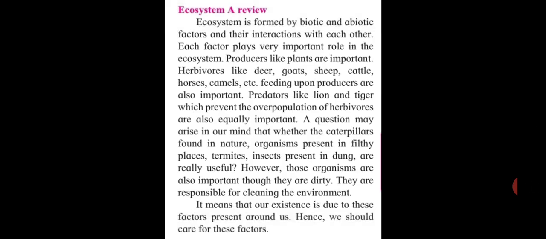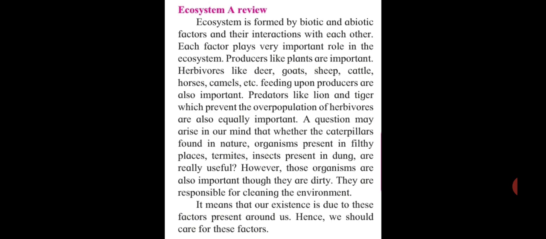If you are able to recall the topic of ecosystem which we had discussed in standard 9th, there was a chapter, energy flow in an ecosystem, in which we had discussed different types of consumers, like primary consumers, secondary consumers, tertiary consumers. So all organisms except plants are called consumers.